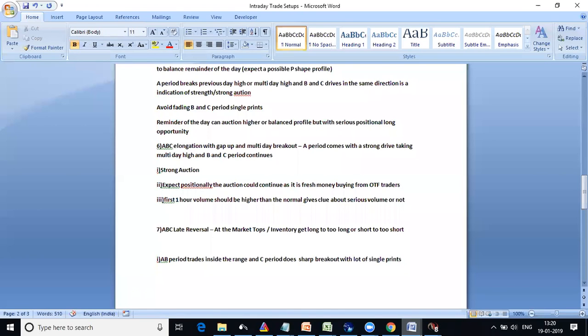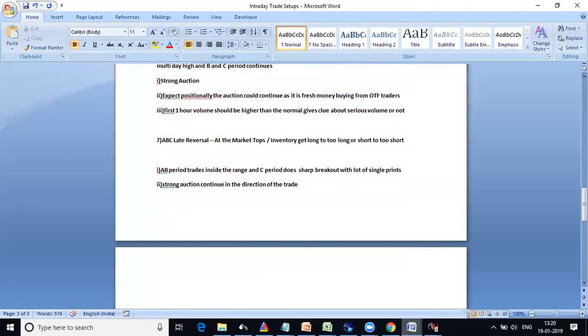It is a sign of strength. It's a strong auction. Continue in the direction of the trade. So don't try to fade it. Avoid fading those things. Stronger positional reversal indications. So don't try to fade it.